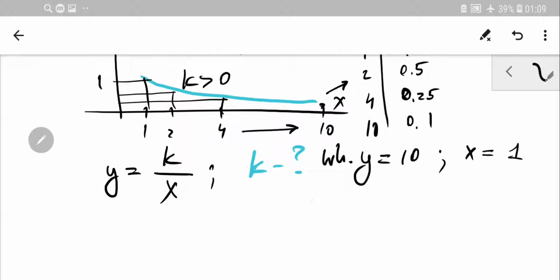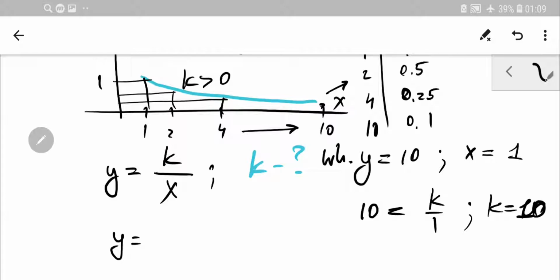All right, what you need to do is just plug in the values. This principle works the same in direct and in inverse proportion. So x equals 1, just k over 1, so k equals 10. All right, so that's how it can be worked out. So in this case, we'll get 10 over x. All right, so that's it.